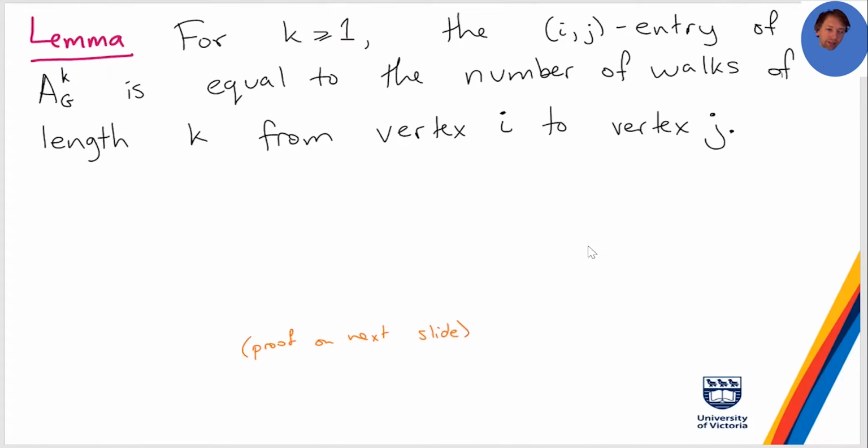Okay, so let's give a formal proof of the following lemma: the ij entry in the kth power of the adjacency matrix is equal to the number of walks of length k from vertex i to vertex j. The way we're going to do this is by induction.